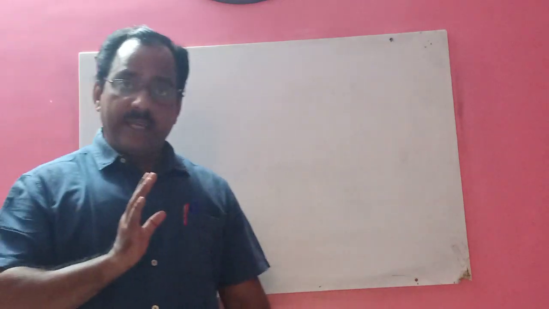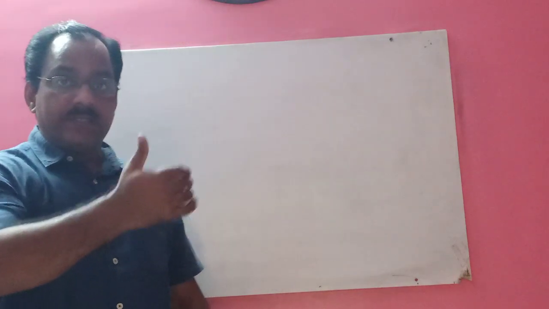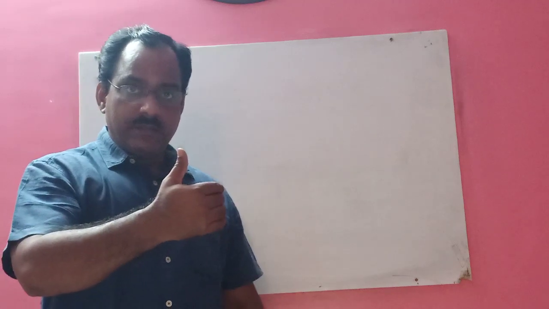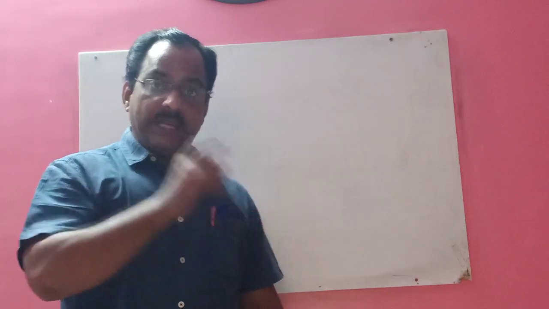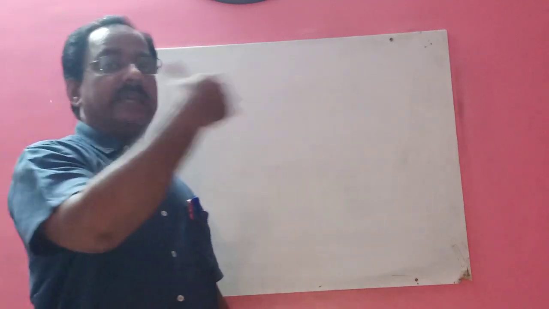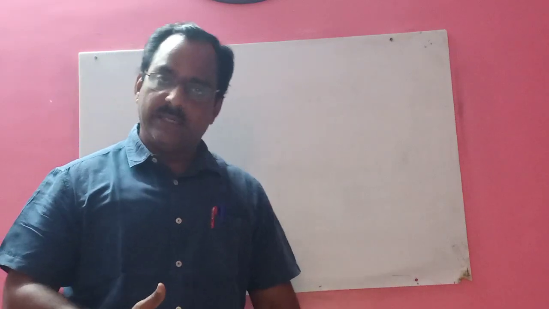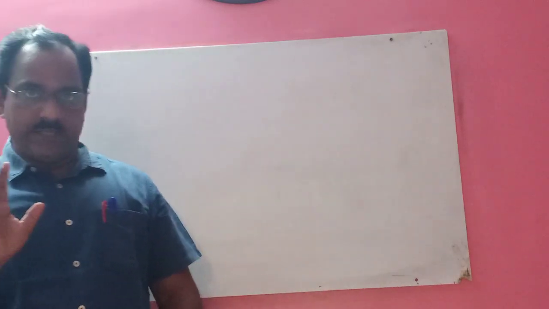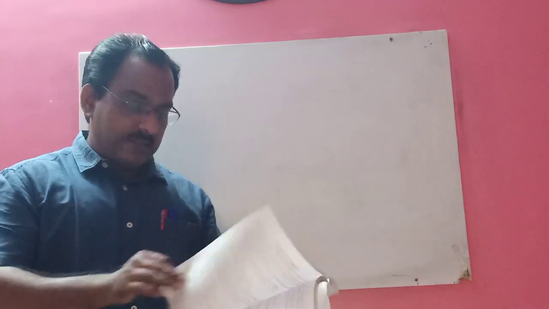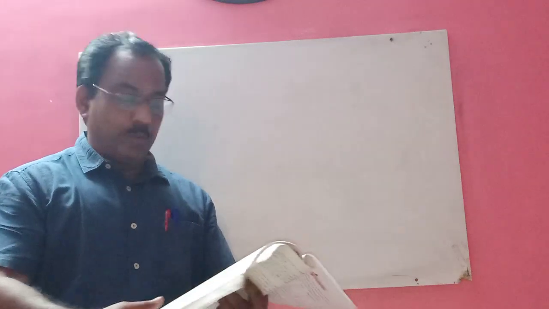And what is input tax? At the purchase time, the GST which is collected is called input tax, and at selling time, the GST which is collected is called output tax. So now I will begin with the exercise, that is 4.2.